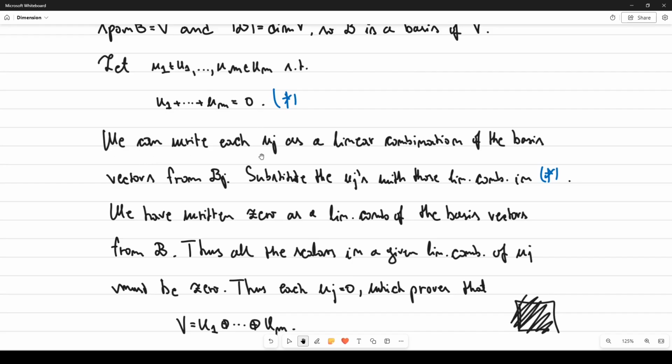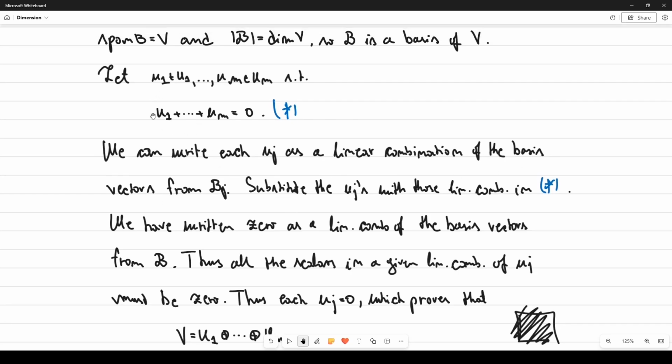So we can write each uj as a linear combination of the basis vectors from Bj. So for example, u1, since it belongs to the subspace U1, and U1 has a basis B1, u1 can be written as a linear combination of those vectors.